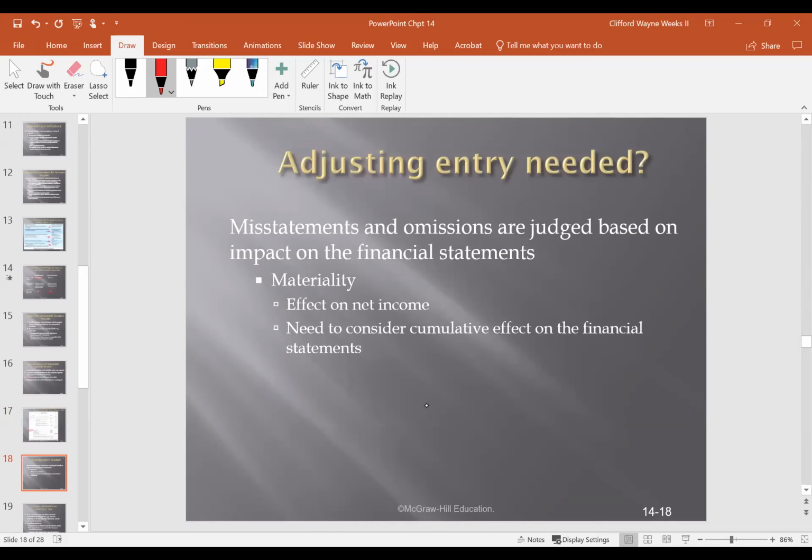So misstatements or omissions are judged based on impact to the financial statements. If they are material, we definitely require that our client book that stuff. But in most cases, if you've got the documentation, you're not going to get a fight from your client to book it.